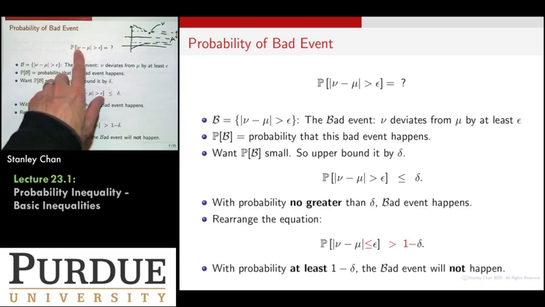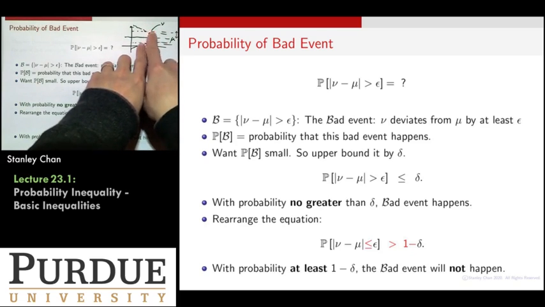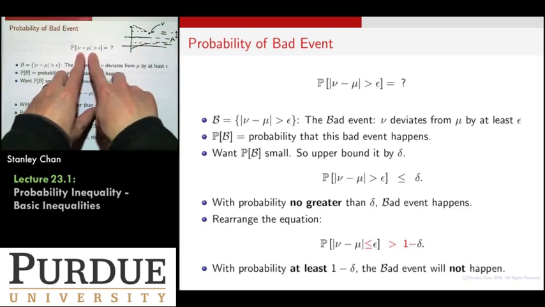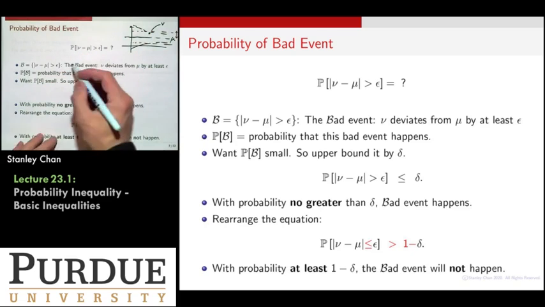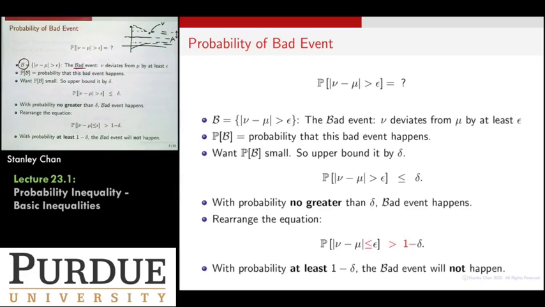If that happens, it really means that my nu is appearing outside the range of epsilon, and I call that a bad event because then you're outside the range that you cared about. I define it using a B. B stands for bad event.